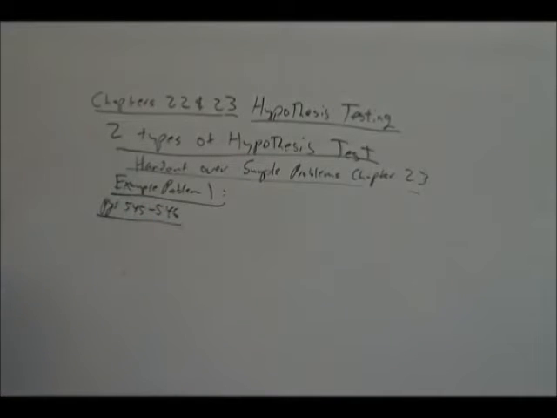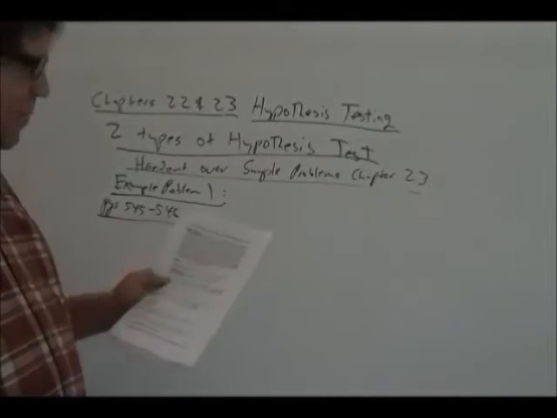In step 1, the first thing you want to do is read the given claim in English, and translate that claim into what's called symbolic language. So let's read example problem 1.